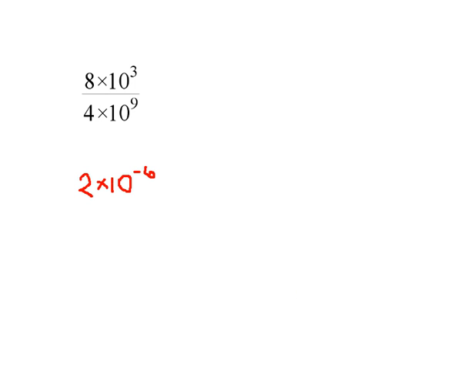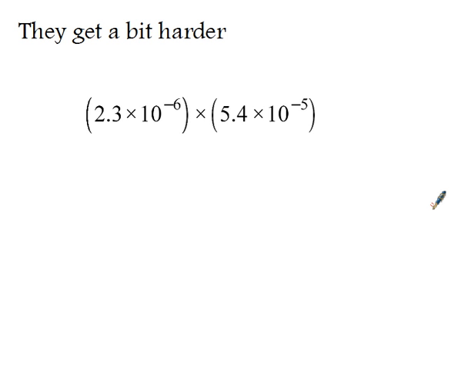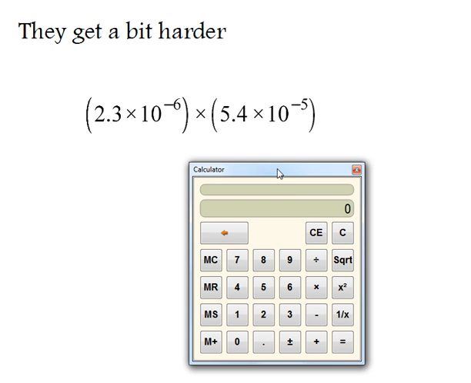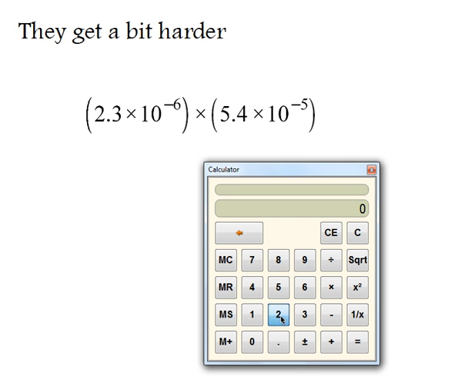Now these get a little bit more tricky. Here I have 2.3 times 10 to the negative 6 times 5.4 times 10 to the negative 5. Now, I'm going to pull out my calculator here and simply do 2.3 times 5.4.